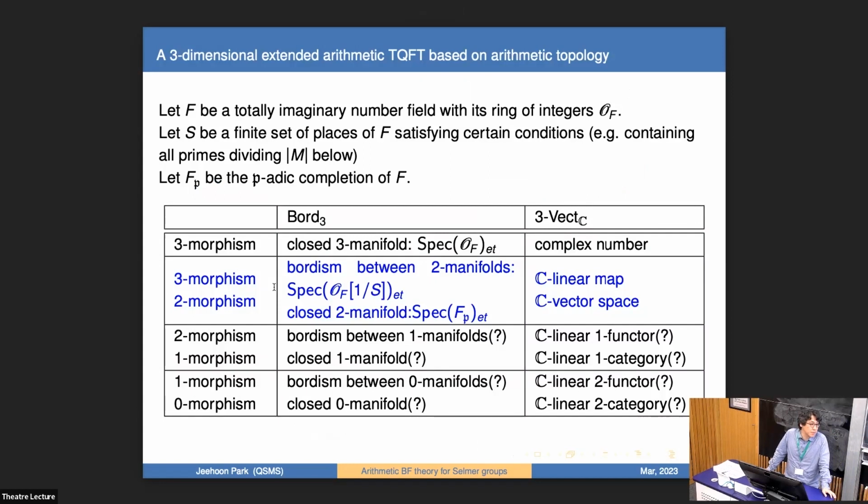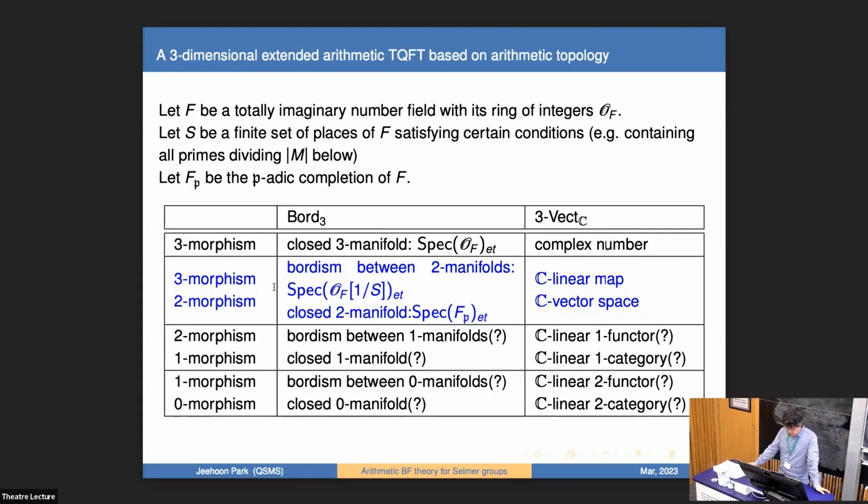Arithmetic topology is the main theme of this conference. So I assume people know the dictionary, the analogy between knots and primes. If you assume that, then we just write down the axioms exactly like the usual TQFT in the arithmetic setting.